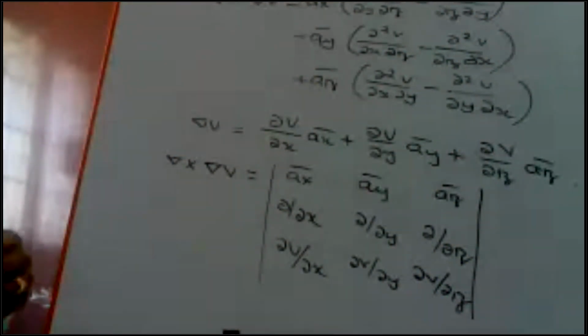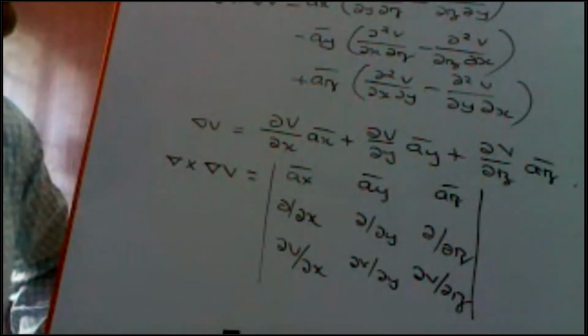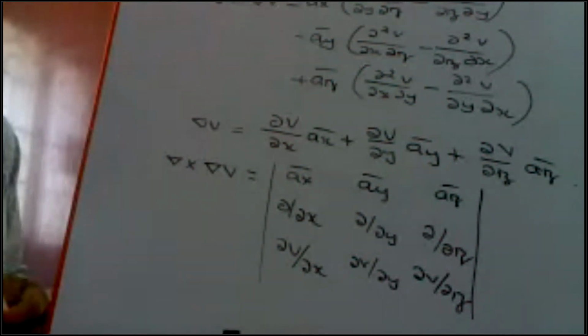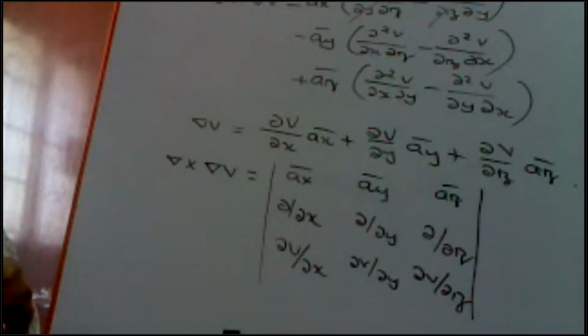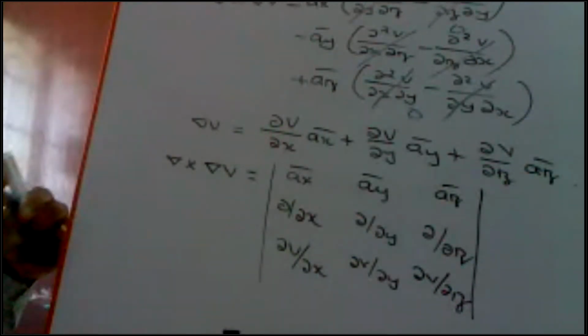Is it okay? Now what happens to the terms? It is very simple. These two terms will be cancelled and be 0. Then these two terms will get cancelled, will be 0. These two terms will cancel, again the value is 0.